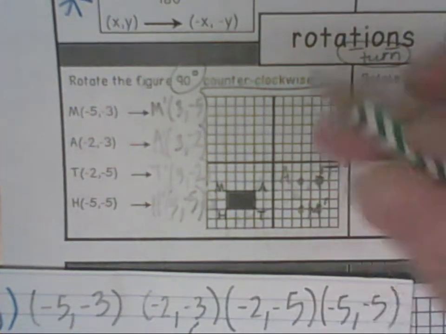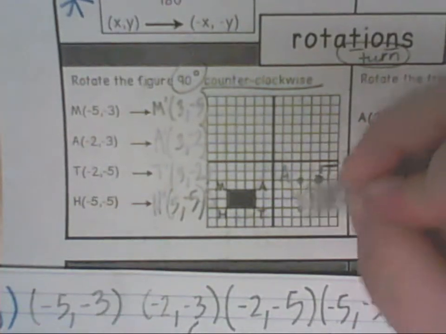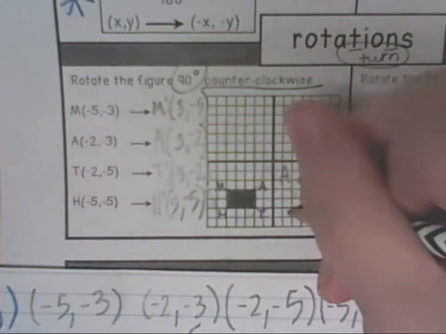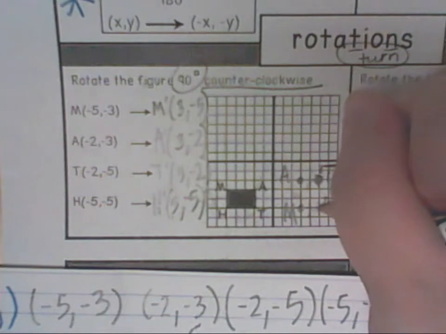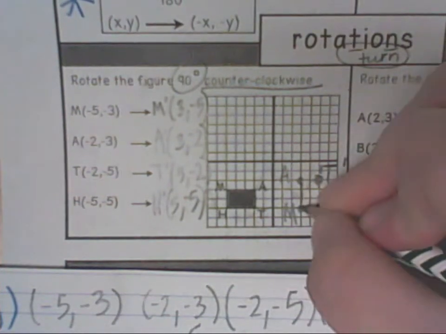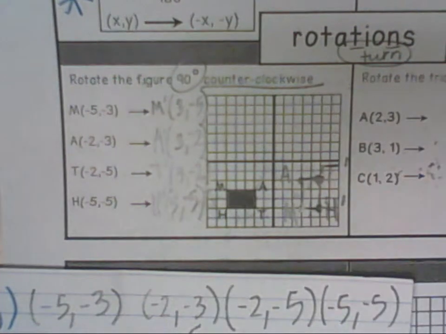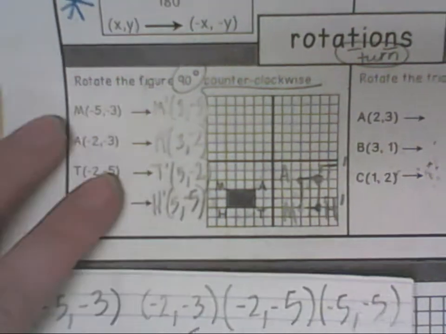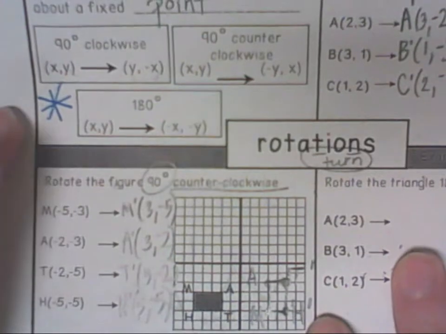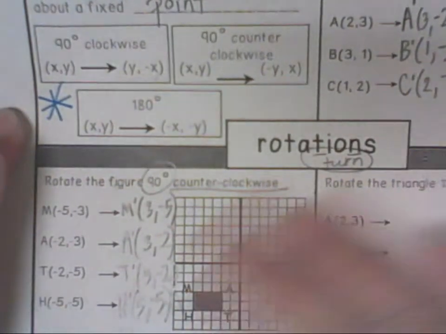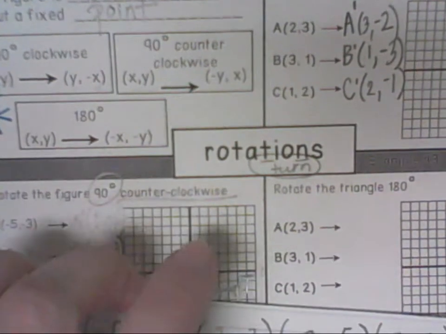So I'm going to go ahead and plot that point. I'm going to move my M because I need room to plot that point. See if you got it. Good job. That figure rotated 90 degrees counterclockwise. Okay? Go ahead and look at the next one.